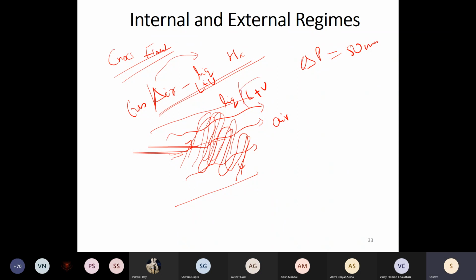So liquid plus vapor means your evaporator or condenser. Okay, so your indoor unit and your outdoor unit in an AC, and the freezer section of your refrigerator, are all examples of cross flow type. So air will come in from here and it will blow across the coil.